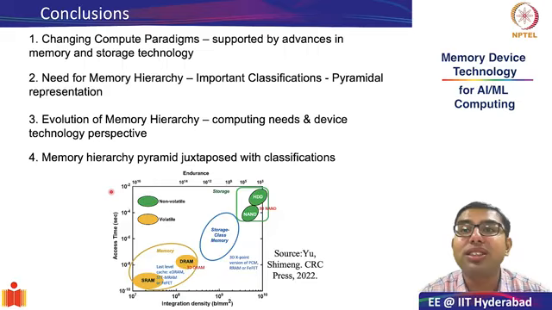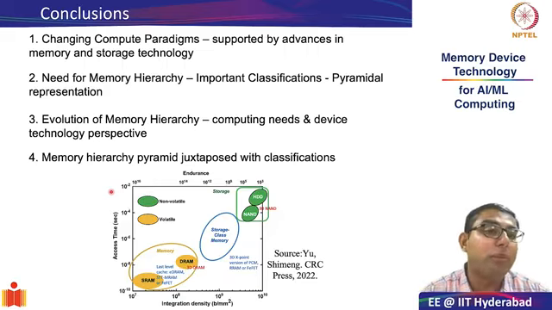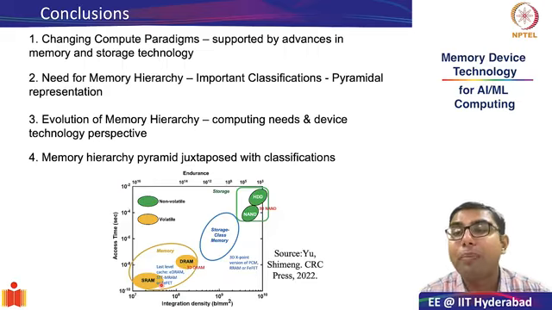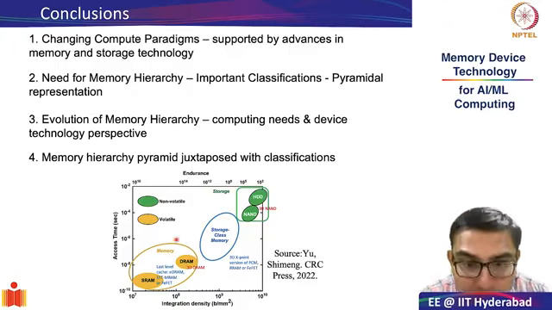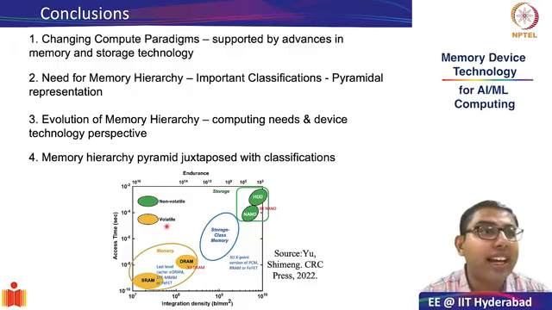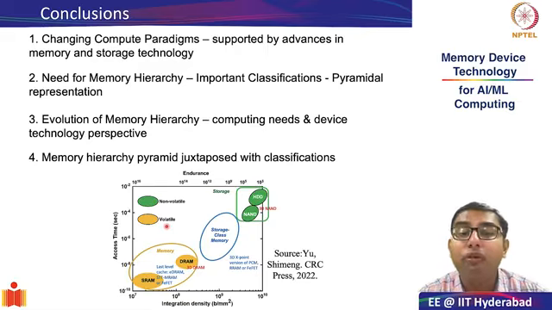And this is the competition that we were continuously talking about between capacity on the x-axis and latency on the y-axis. In the bottom left corner, you have your SRAM and DRAM, which are memories with a volatile nature. They have very low bit densities, but very fast access times.